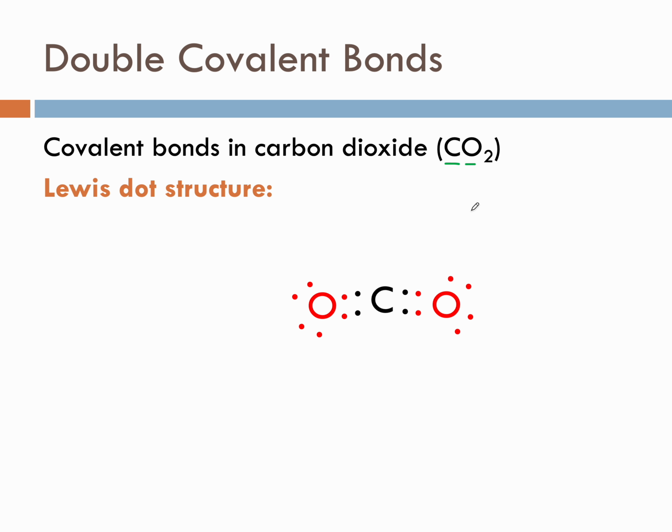So what you'll see is I have a shared pair here, a shared pair here, a shared pair here, and a shared pair there. When I do that, I have 1, 2, 3, 4, 5, 6, 7, 8 valence electrons around this oxygen. So I've got 8 valence, which is stable.